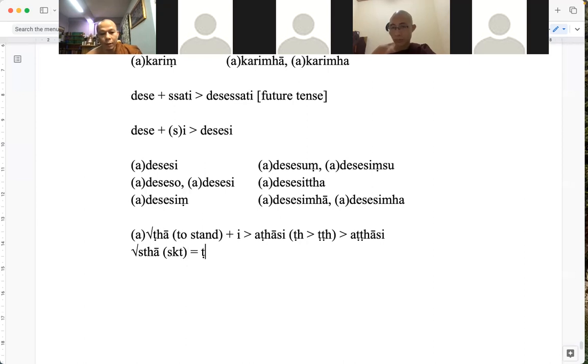But in Pali the root is ta, right? So that is changing in this way. Sa, ta to the da, ta, but at the beginning of the root this ta is temporarily dropped. So that is why, so ta in this way.